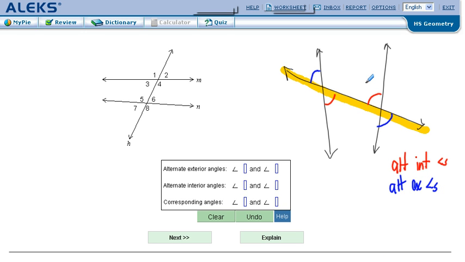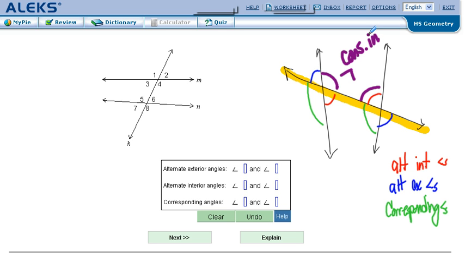If they're on the same side of the line, but one's in, one's out, for example, the green here, that's in, that's out, same side, we say that those are in corresponding positions, so we call that corresponding angles. And then the last one, if they're both inside and on the same side, we call that consecutive interior angles.